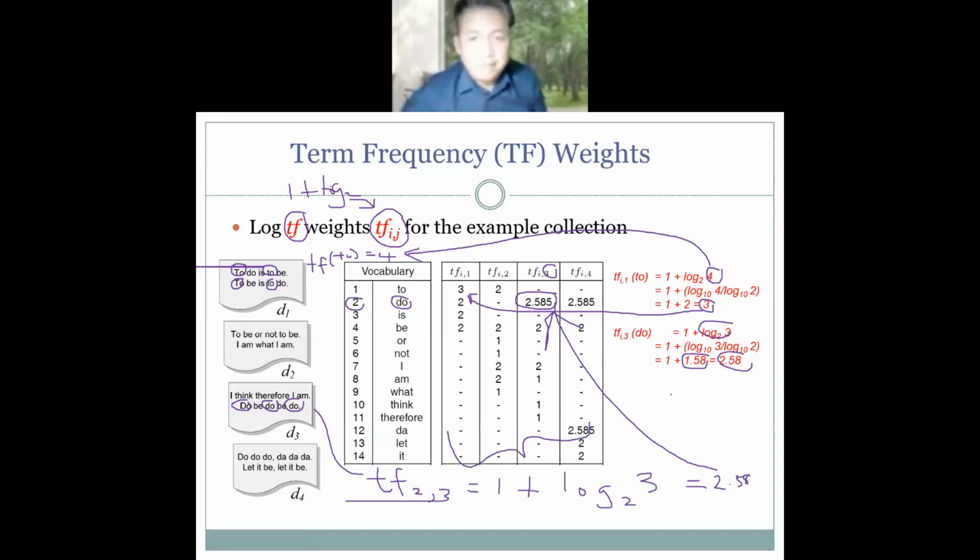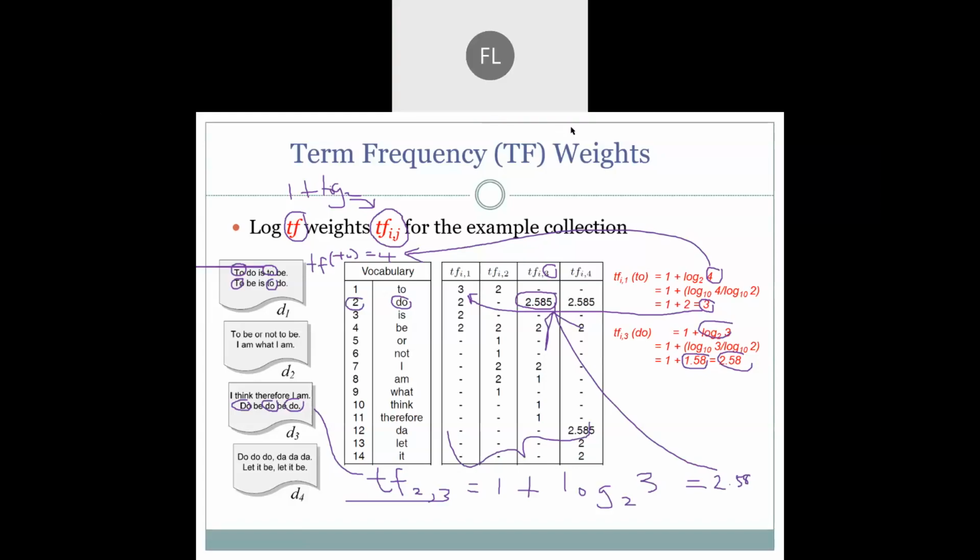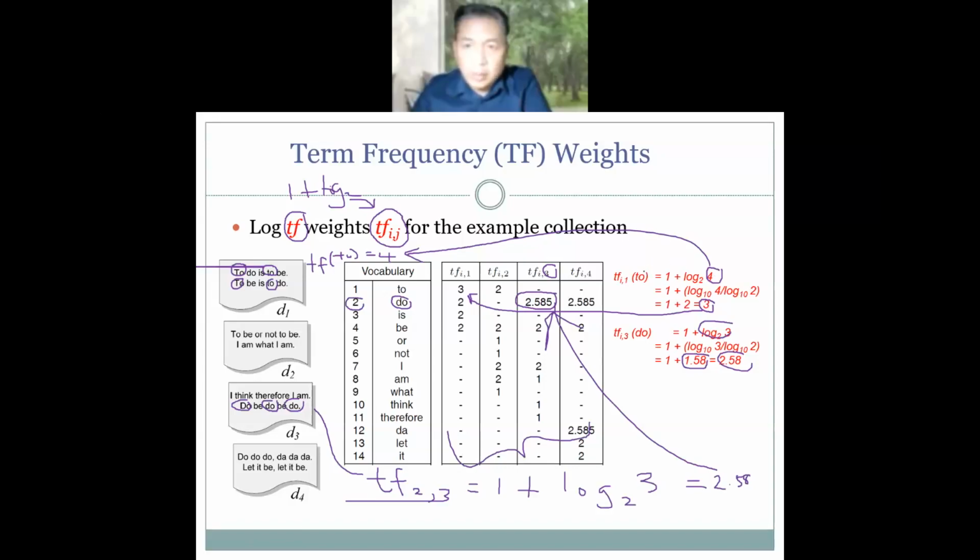Can you understand how we get the numbers here? Doctor, the first one, the log 4, where does the 4 come from? The 4 refers to, we are looking at the term 2 in document 1 here. So the 4 is the number of occurrences of this 2 in document 1.